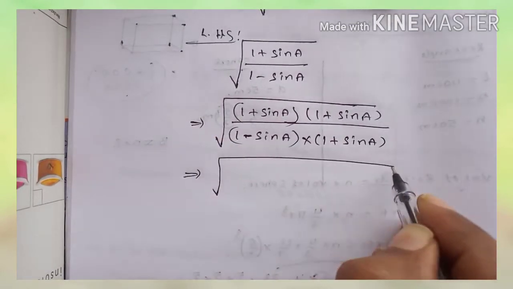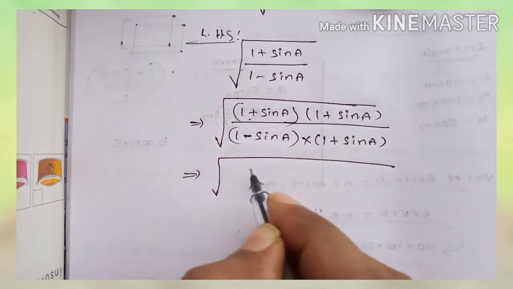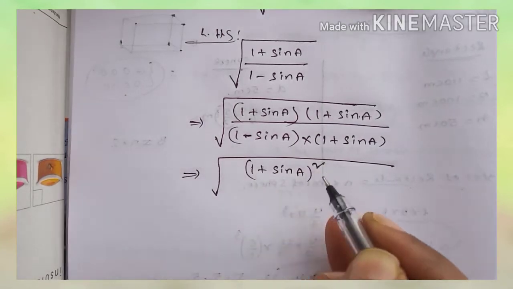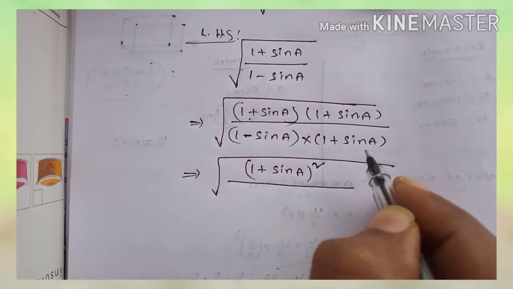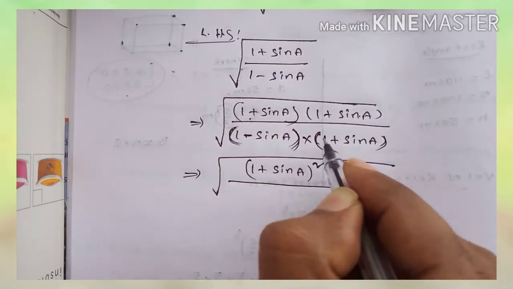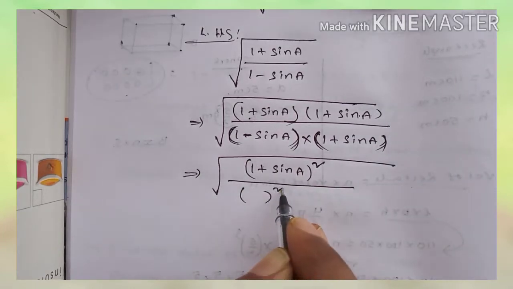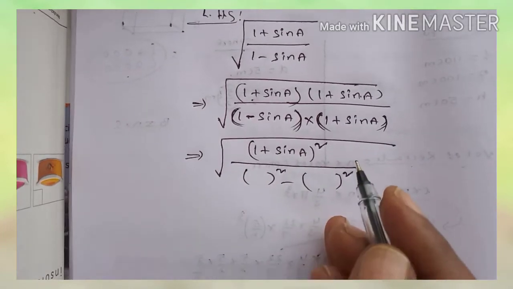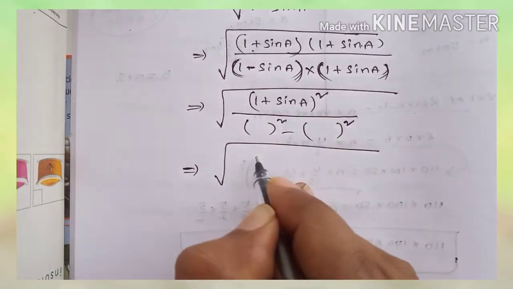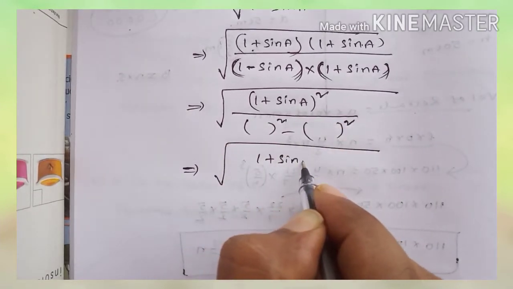So 1 plus sin A, 1 plus sin A, both are the same terms. So (1 plus sin A) whole square by, in the denominator, a plus b into a minus b, which is a square minus b square. The numerator value is the same, there is no change.